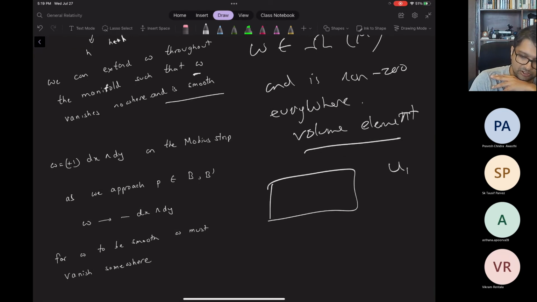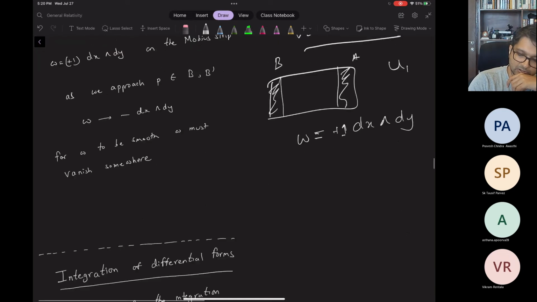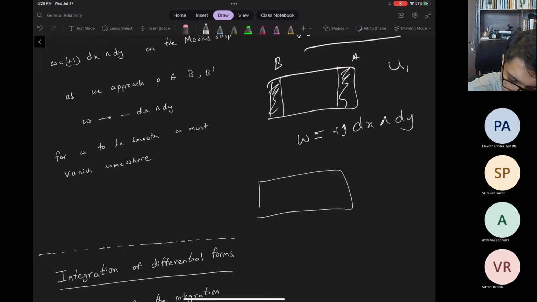So this was coordinate patch u1, and if I define dx wedge dy in one patch, I can define it like this. And here is the overlap region A, and here's the overlap region B, and here's the other coordinate patch with A prime and B prime.